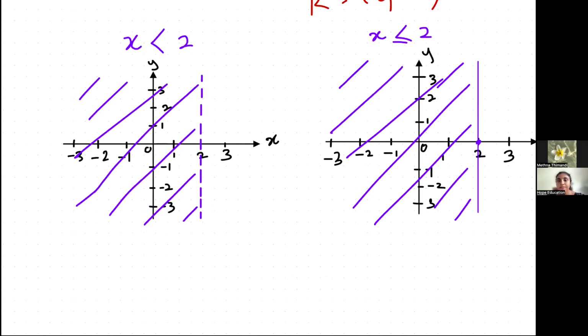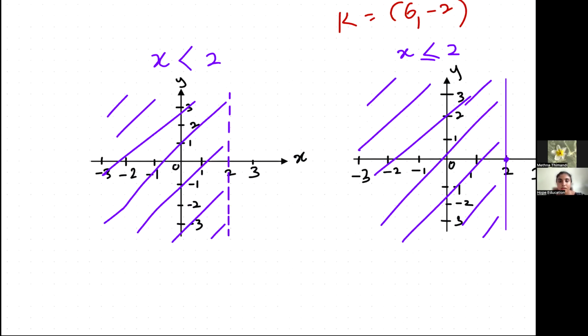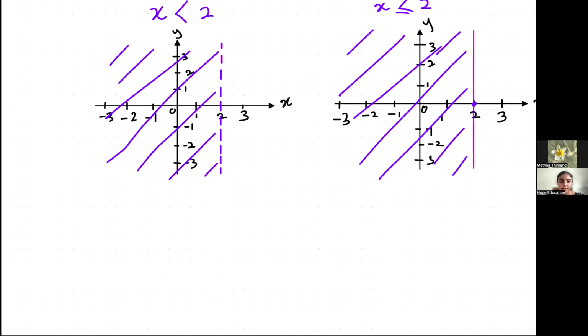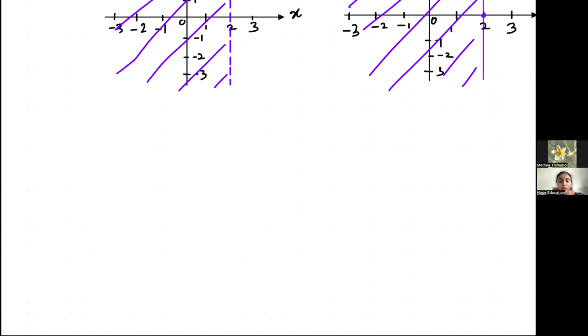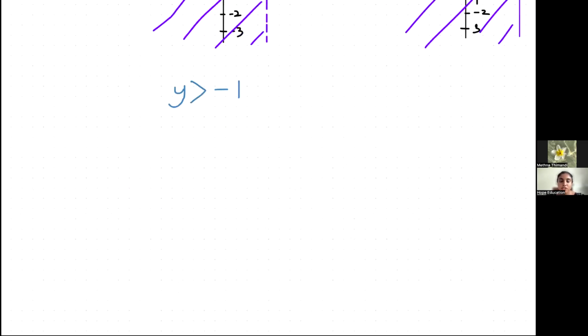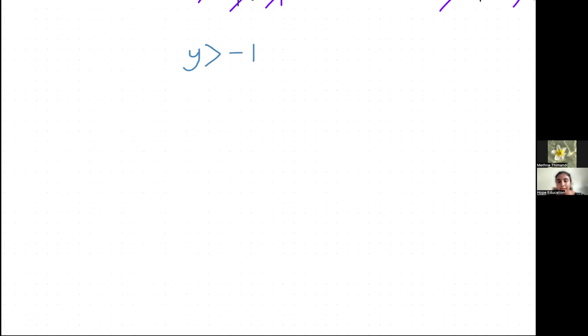Yes, teacher. Okay. Now let's look at something like this. Let's look at y is greater than -1. Before I do anything else, first of all, I have to draw the Cartesian plane.